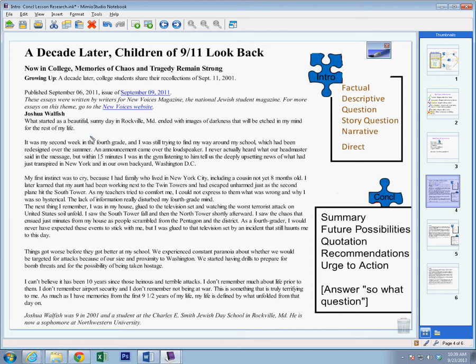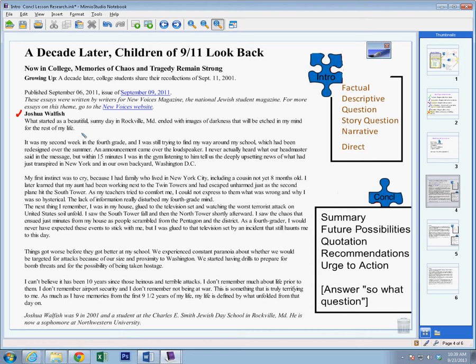It's actually a narrative, and most of these pieces are each told by a different person, like this one is Joshua Walfish. Each one is told by a different person, and the overall thing is in the style of narrative. However, you'll notice that there is one that isn't truly a narrative.